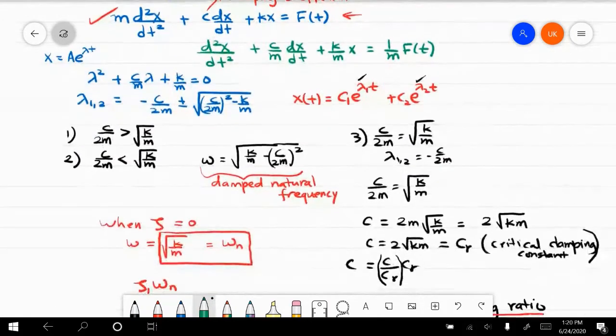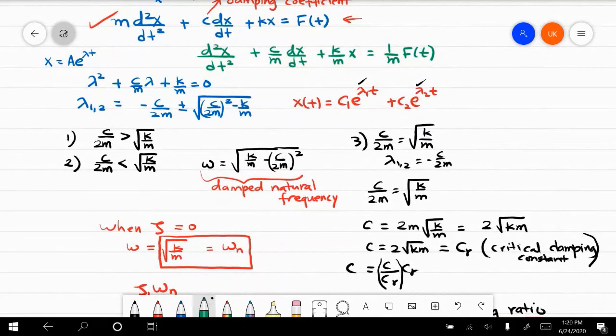So let's see how we can make those substitutions. It is clear that k over m is equal to omega n square, so instead of k over m here, I'm going to write omega n square.